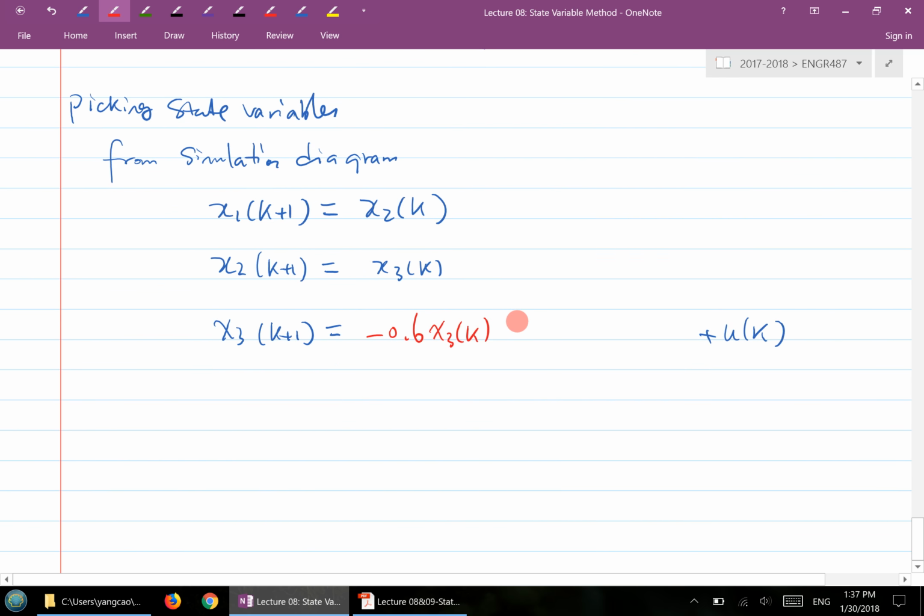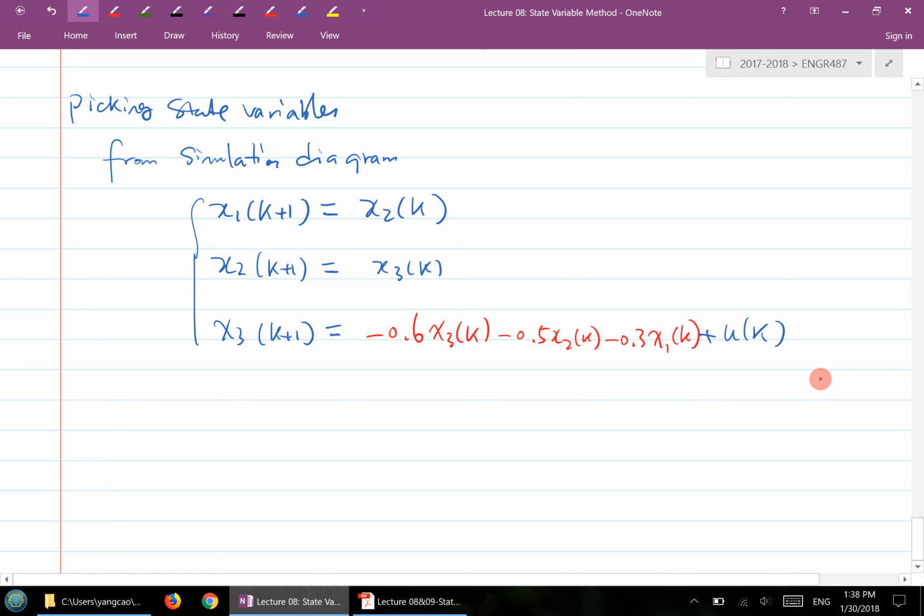I should probably reverse it, but that's fine. See, this is exactly the format: k plus 1 on the one side, and everything else is k, right?